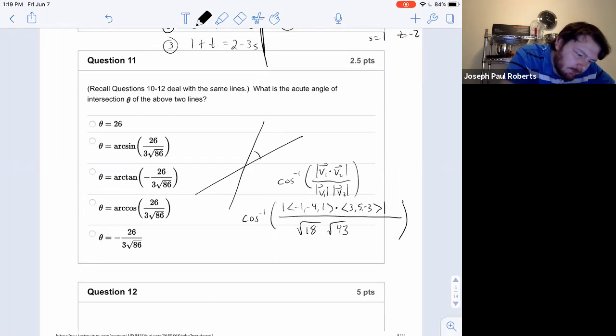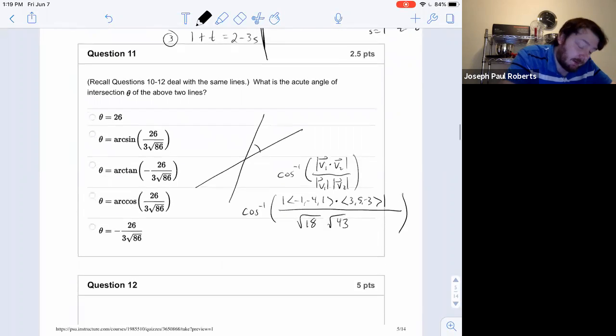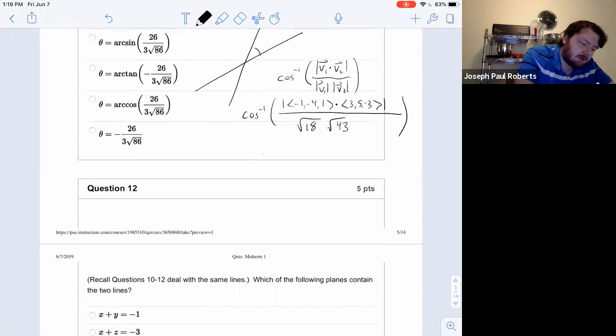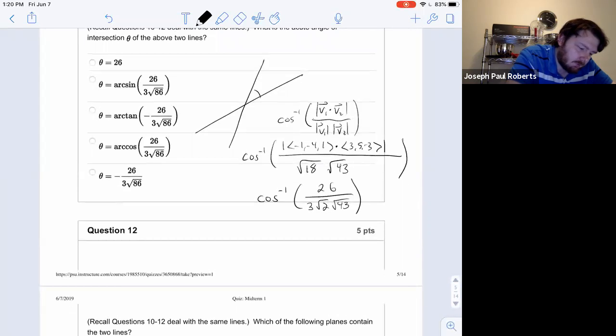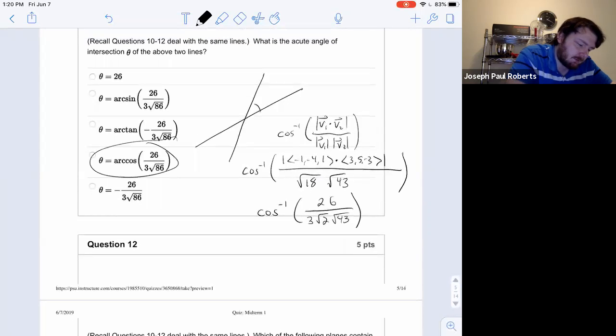Okay, so we do this dot product, we get what? Negative 3 minus 20 is negative 23, minus 3 is negative 26, so absolute value is going to give us 26. And then square root of 18 you could write as 3 times the square root of 2 times the square root of 43, which you could write as square root 86, so it looks like we're dealing with that choice. All right.